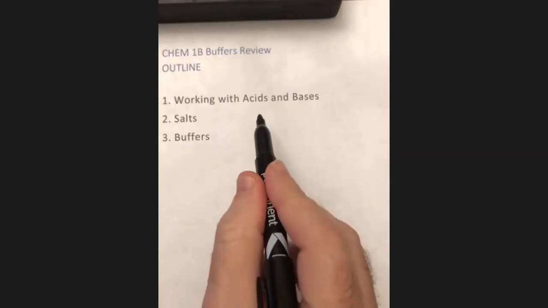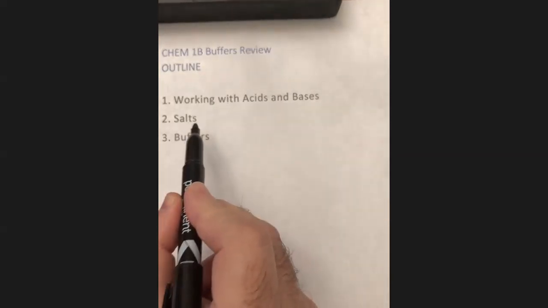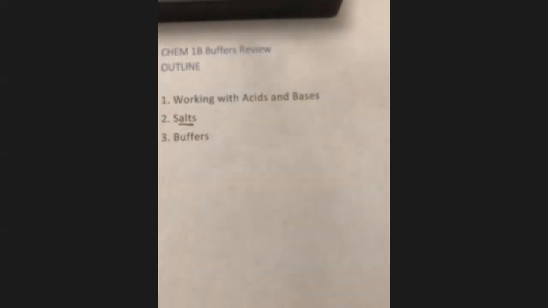So that's why I'm starting there. Then I'm going to talk about salts, because I've realized many times that the word salt is sometimes misunderstood and misleading, and students sometimes get bent out of shape when I throw the word salt out there. They're not really sure what I'm talking about. And then I'll talk about buffers, okay?